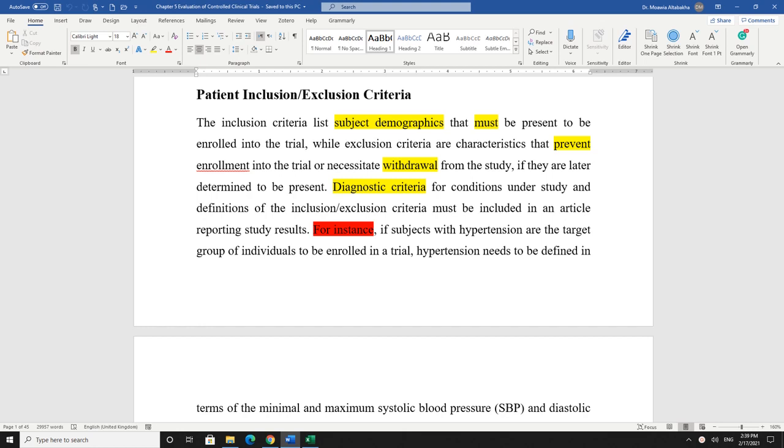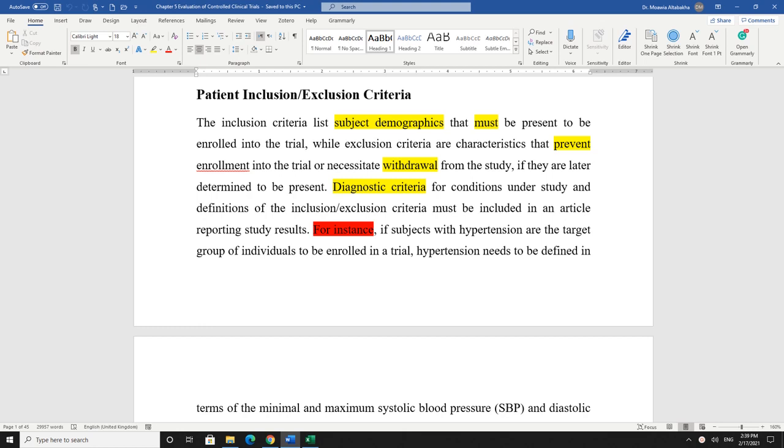Today we will continue chapter 5. This is part B, where we started talking about the evaluation of controlled clinical trials, also abbreviated as RCT, randomized clinical trials.